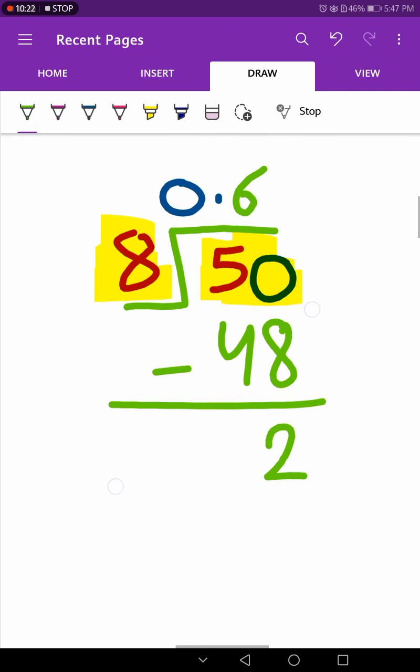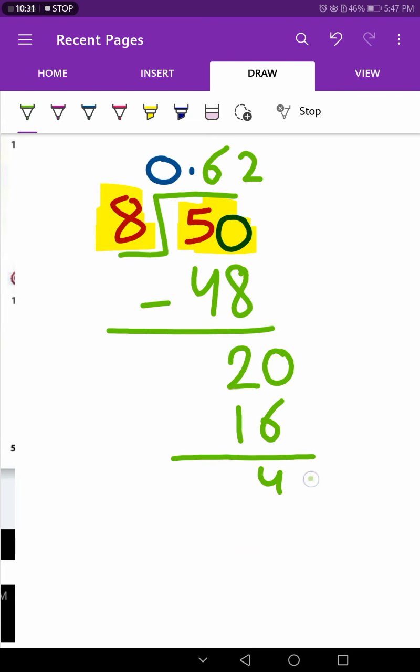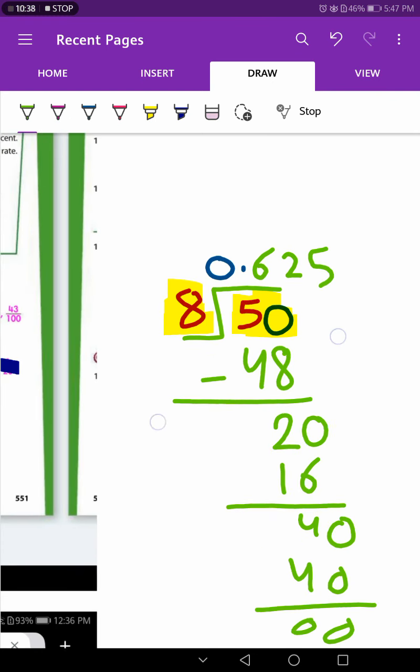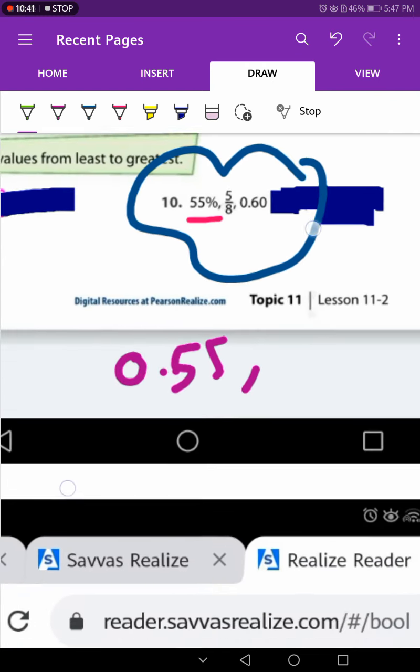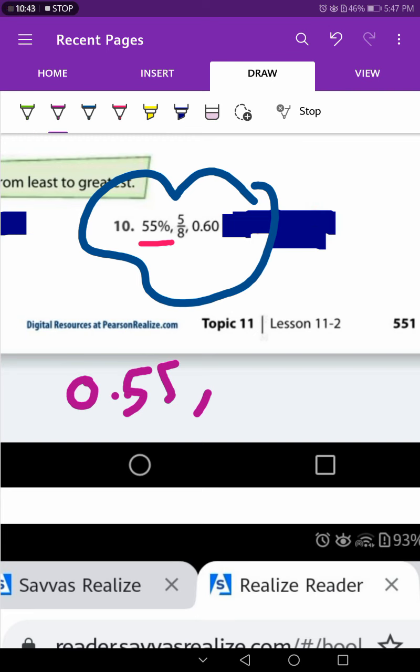We'll add 0 because we cannot divide. 20, 16, equals 4. Okay, next 0, 5, and then finish. So 5 over 8 here is equal to 0.625 thousandths. 625 thousandths. That means 625 over 1,000.